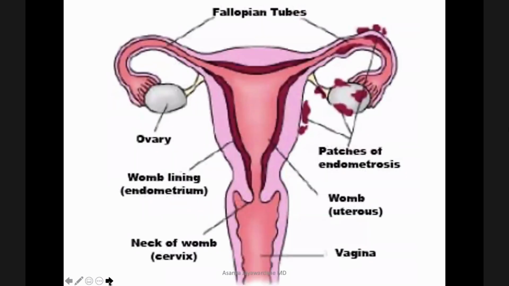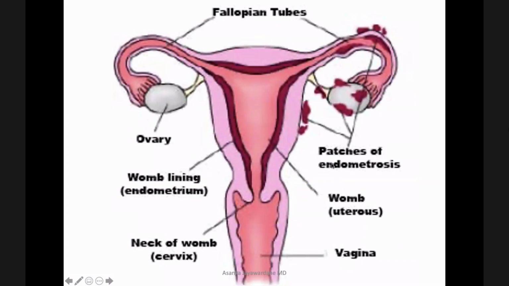Now, where do we find endometriosis? Technically, if you look at the reported cases, it has been found everywhere, including the eye, muscles, lungs, various other parts of the body. So it's not completely confined to the pelvis, but most commonly endometriosis presents in the pelvis.